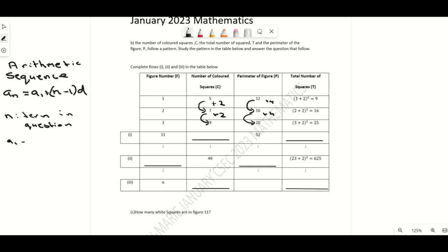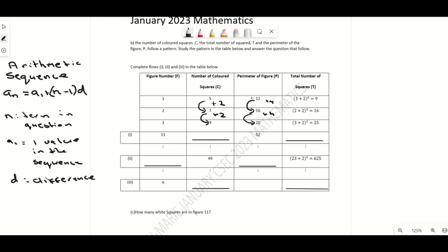Then a1 would be your first value in the sequence, and d is your common difference, the difference, right? D-I-F-F-E-R-E-N-C-E.